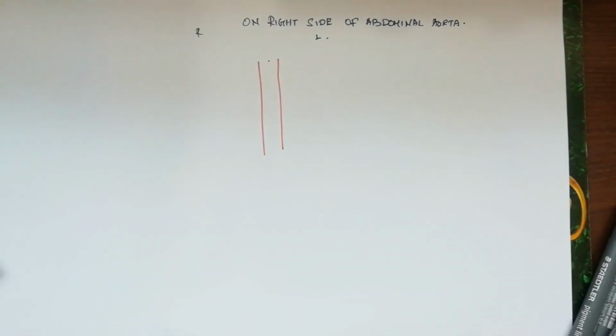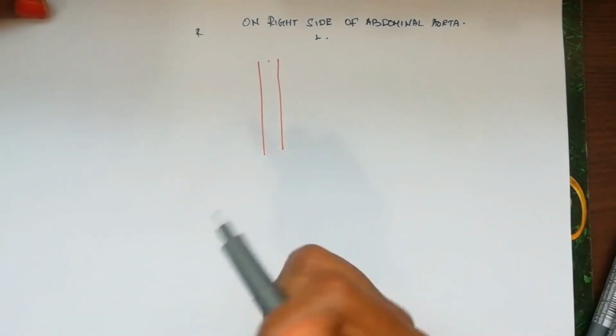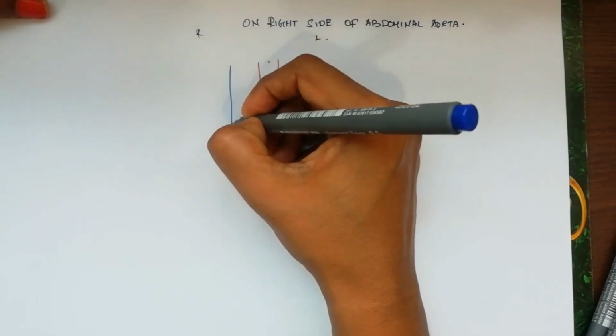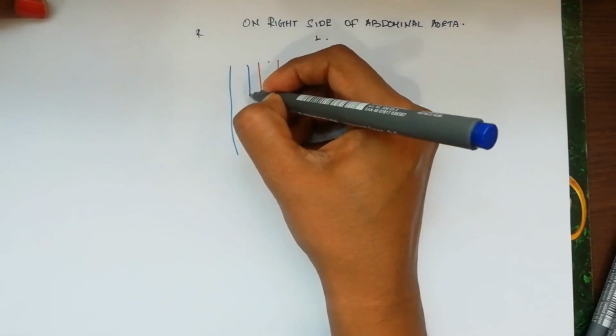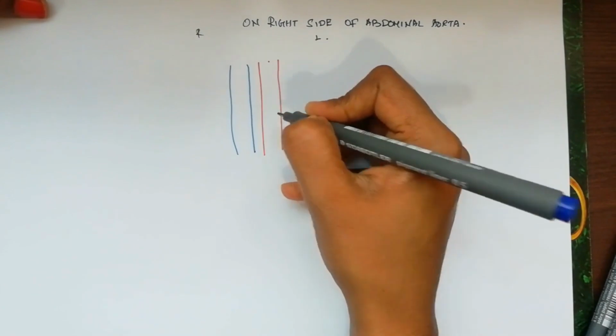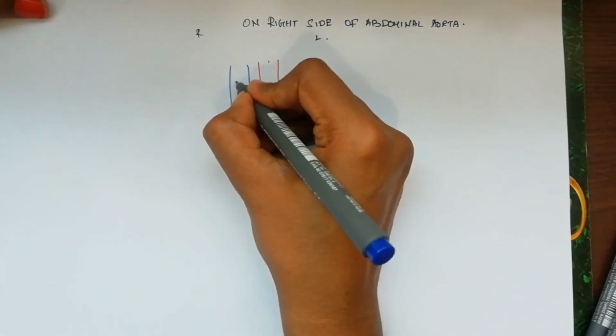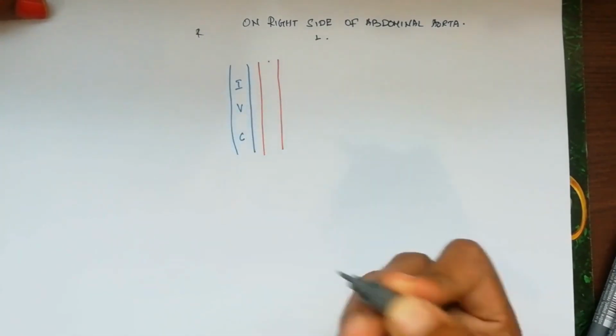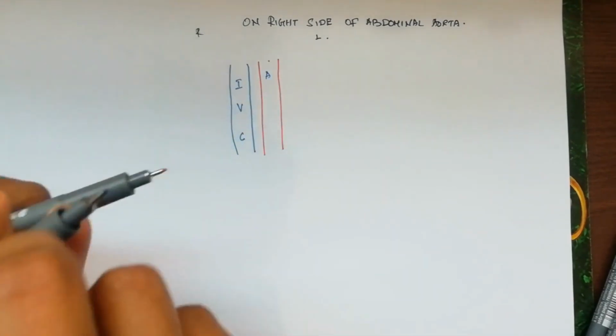On the right side we have got three important structures related, such as we have got an important vein related just right to the abdominal aorta, that is nothing but inferior vena cava. So this is abdominal aorta, as you know.